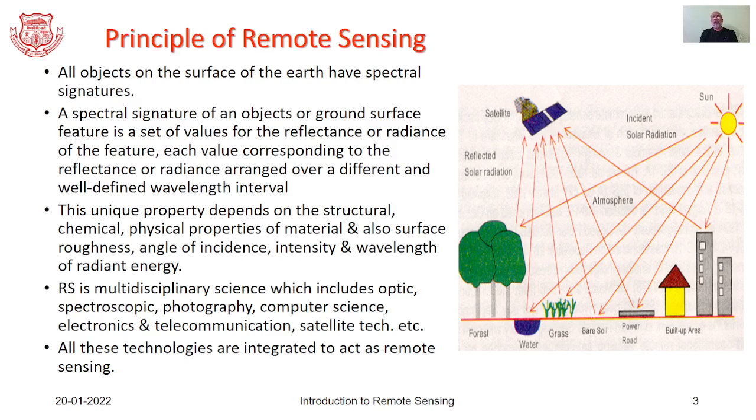It could depend on its structural aspect, chemical or physical property, its roughness, the angle at which that energy is being received, with what intensity that energy is reaching the surface, as well as the wavelength of that radiant energy.